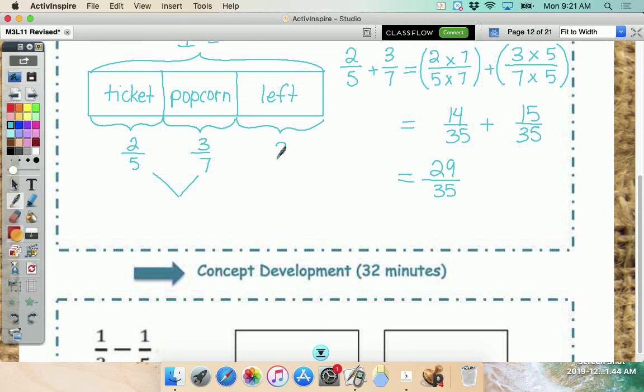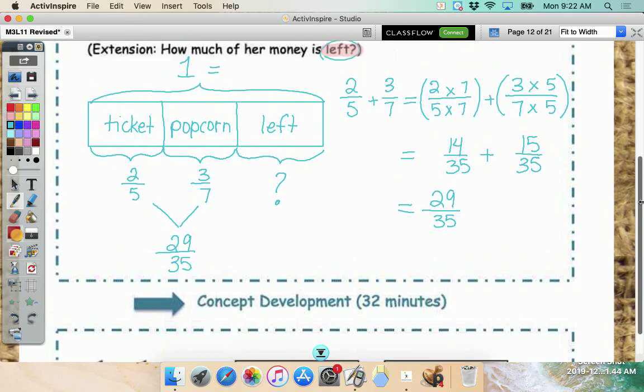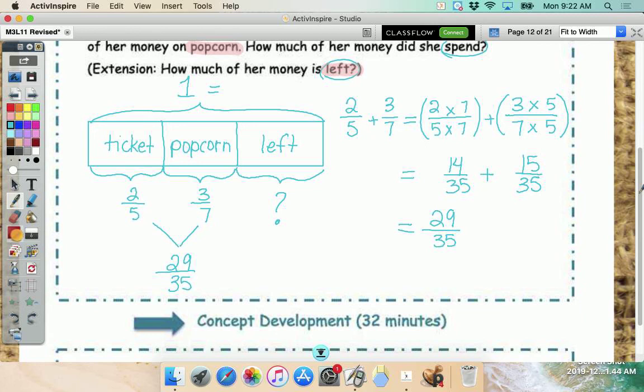Now, some of you said we've got to have a question mark under left also. Is that true? Yeah. Okay, so I heard someone say it. We're going to subtract from the whole. We need to know what the whole is, though. 35/35. Good. You guys have good memory. So I'm just going to write the problem down here.